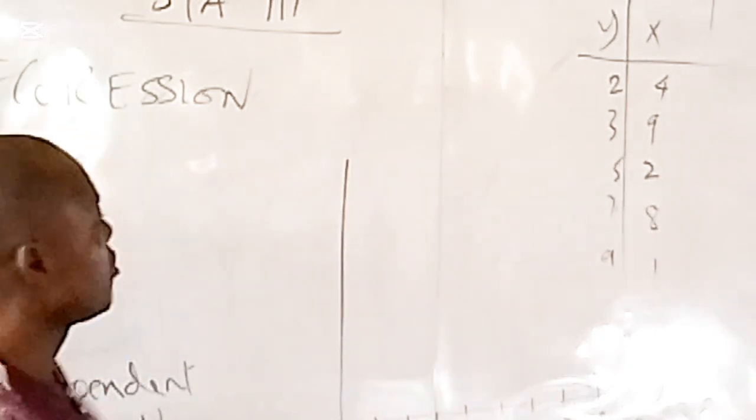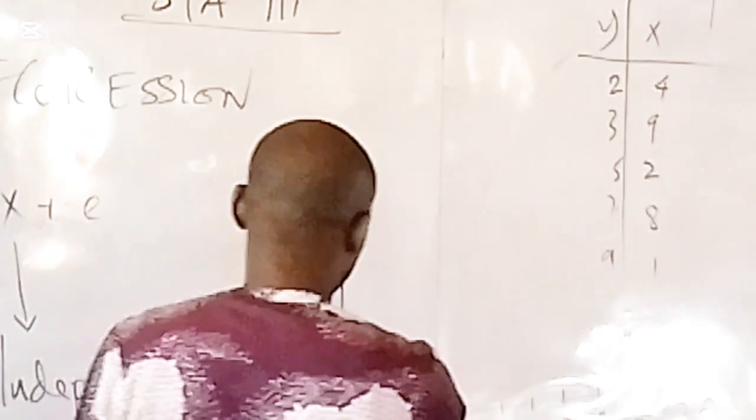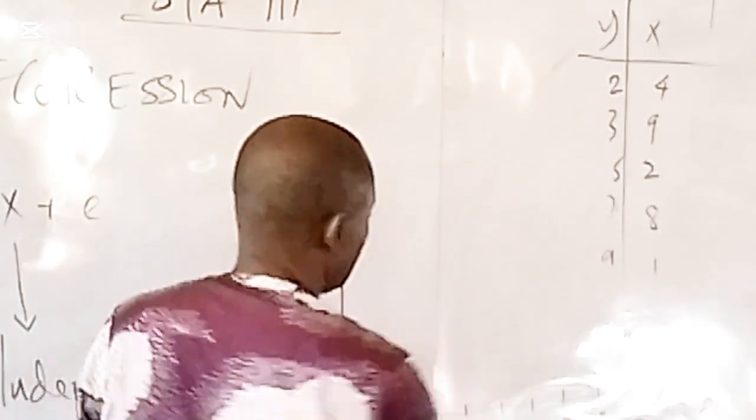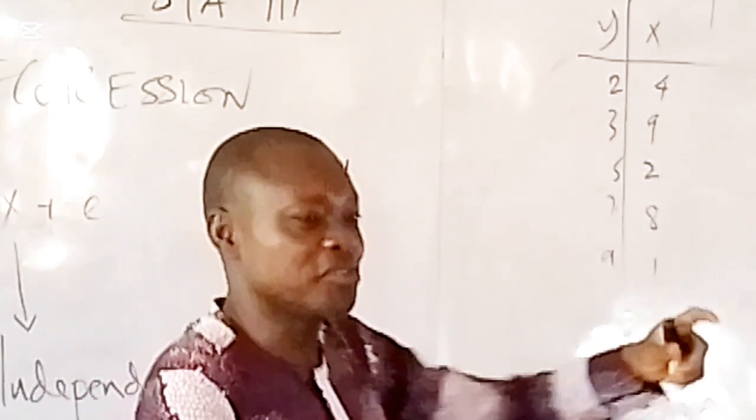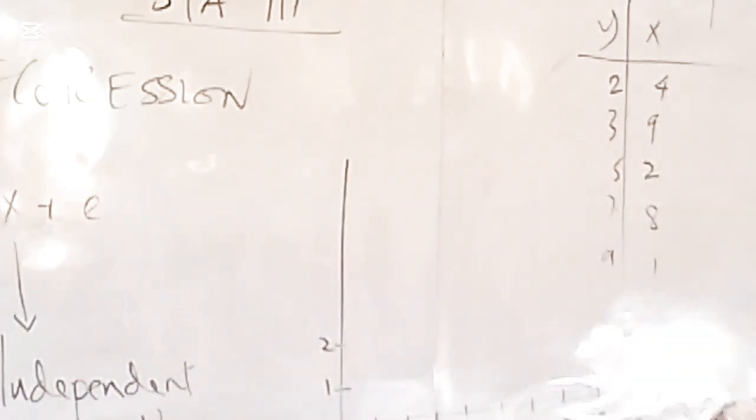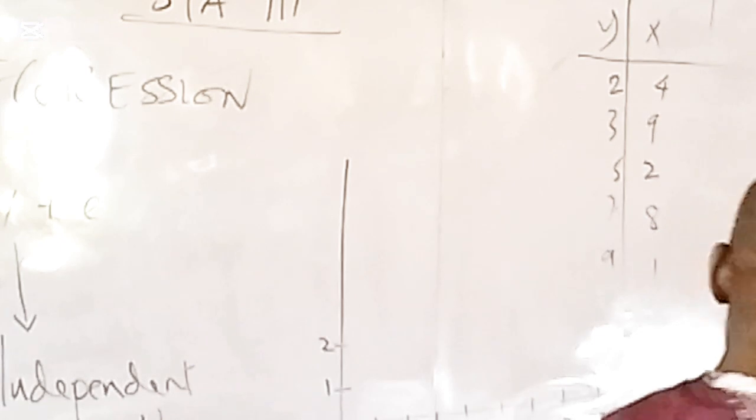Unfortunately, the board is not graduated like a graph sheet. So this is going to be a sketch, but in a normal situation, you are supposed to use a graph sheet.